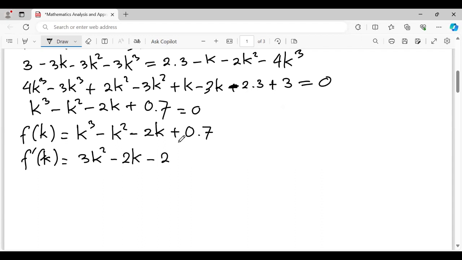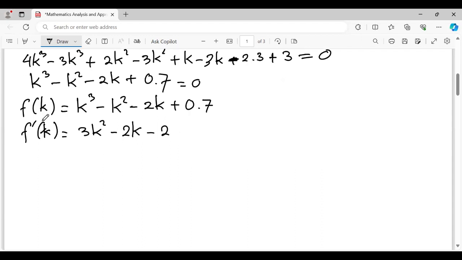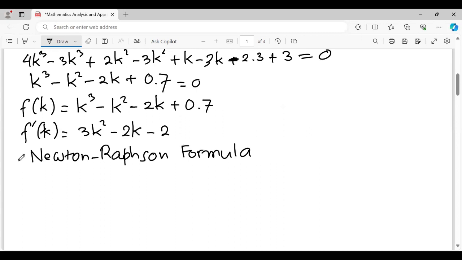We're going to find k, so I'm going to use the Newton-Raphson formula, with the formula like this: x n plus 1 equals xn minus f(xn) over the derivative f'(xn).